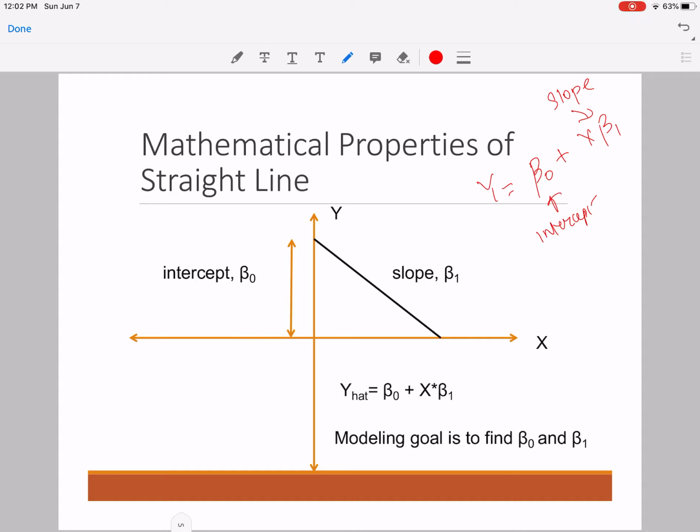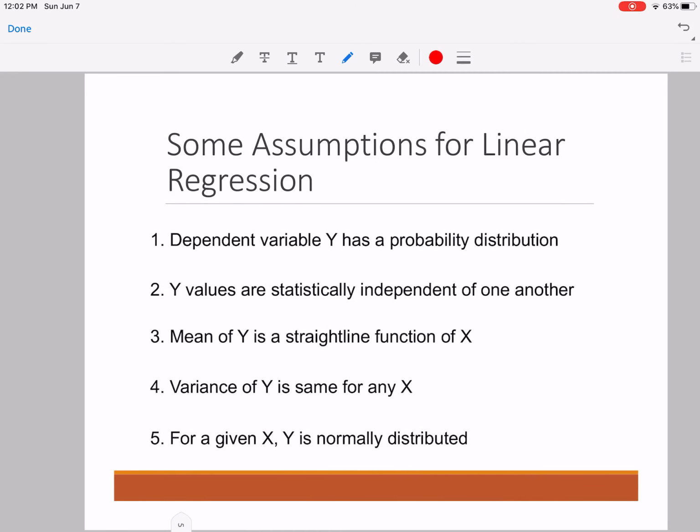That's the simple straight line and its properties. Beta naught is the intercept and beta 1 is the slope, which we would try to identify in order to create a model that helps us predict y in terms of random variable x.